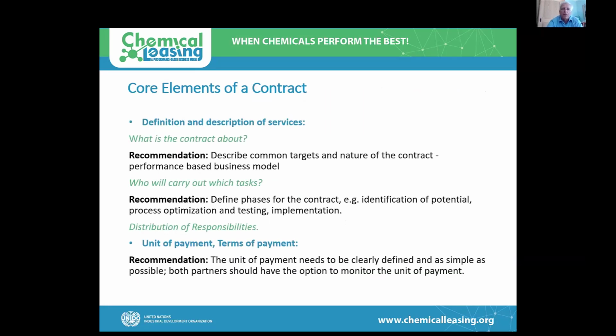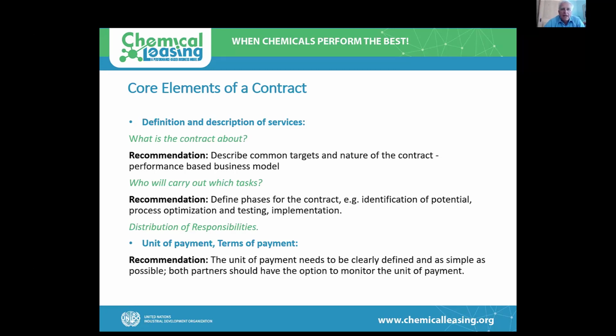So I will go briefly now through the core elements of a contract and just highlight what we consider is necessary and give you some recommendations. Normally such a session would need much more time if it goes into detail. So this is just an aperitif for you in order to get the key elements, and you're invited to ask further questions if you need more details.